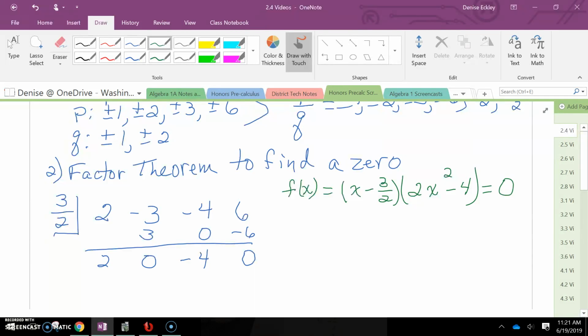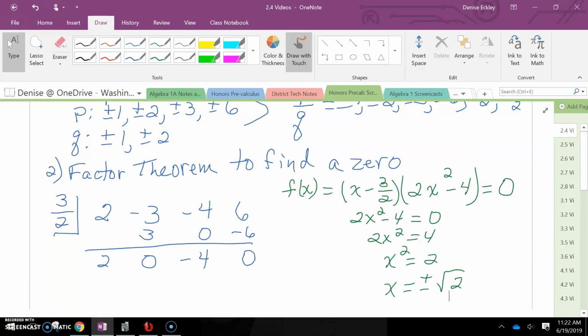We can factor it if possible. But one thing I can do with this is just solve it using square roots. So I'm just going to take 2x squared minus 4, set that equal to 0. So I get 2x squared equals 4, x squared equals 2. And so my other two zeros are going to be plus or minus the square root of 2. So I have found all the zeros.